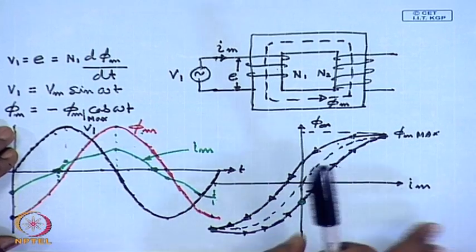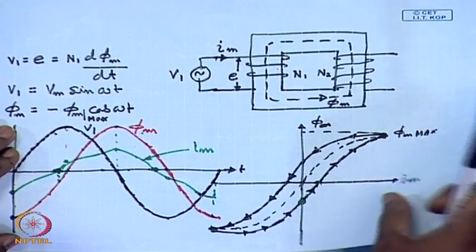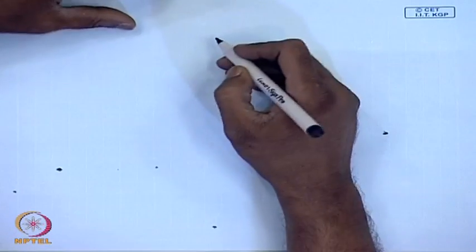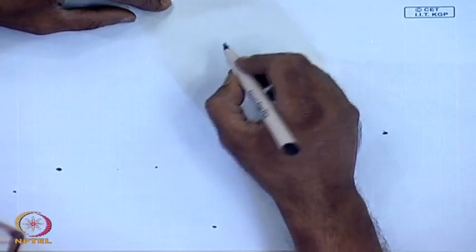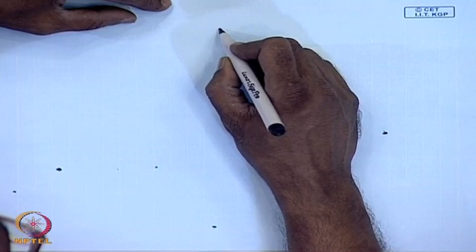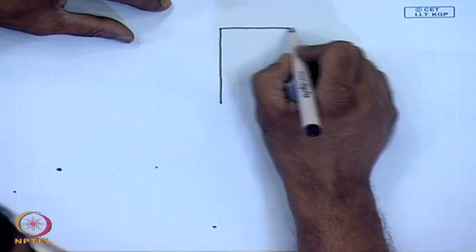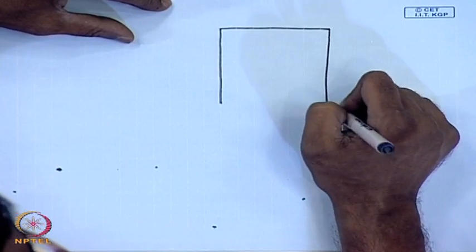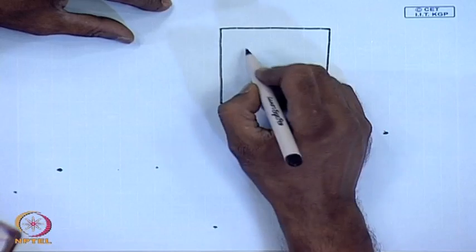But in a normal transformer, the assumption of negligible winding resistance is usually valid. However, there is some precaution that needs to be taken. For example, suppose we want to perform no load test on a single phase transformer.